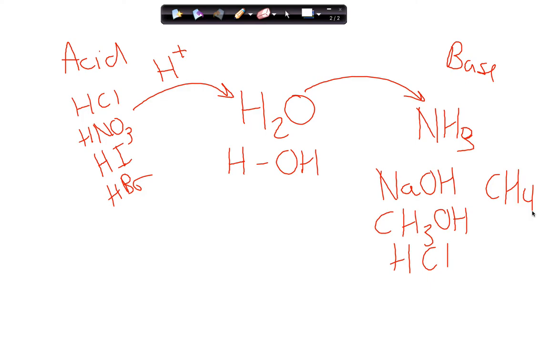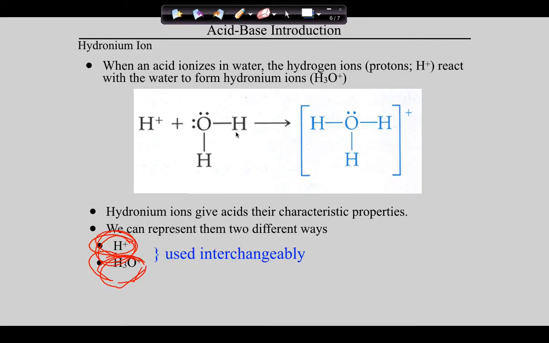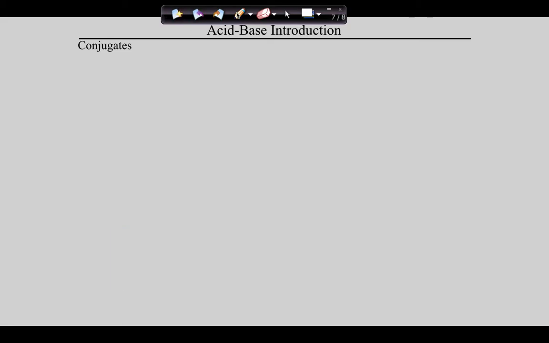What we need to do now, and this is also a review from last year, we now need to talk about conjugates. So, guys, this is the idea. Bronsted-Lowry. Guys, put on your Bronsted-Lowry hat. What does Bronsted-Lowry say acids do? Acids give away protons.